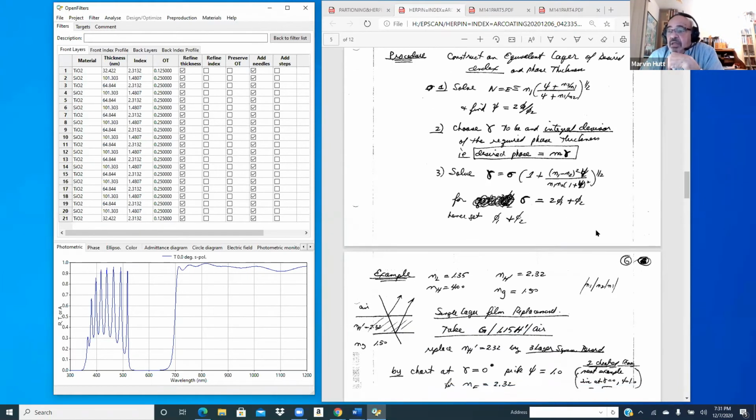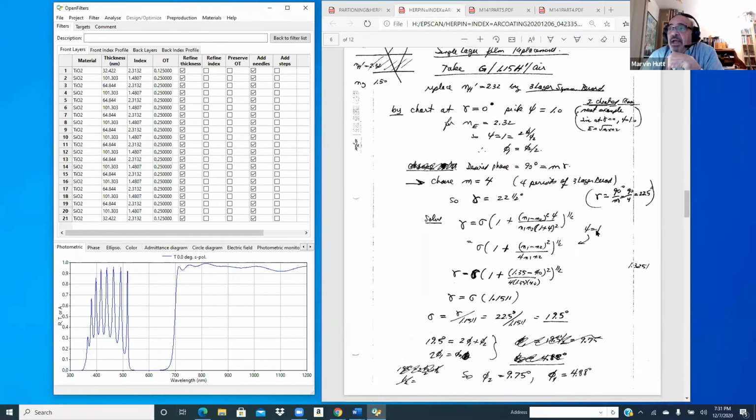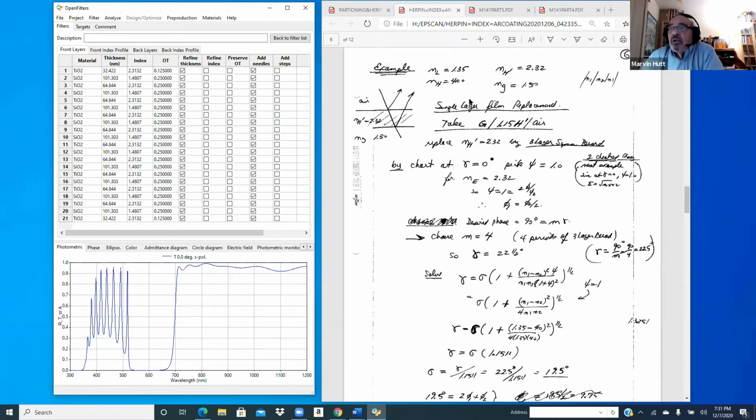So now here is an example. All right, so we have a low index of 1.35 and a high of 4. So this is NH, air, 1.5. Single layer on glass, 1.5, high, air. Replace the 2.32 by a three-layer period.